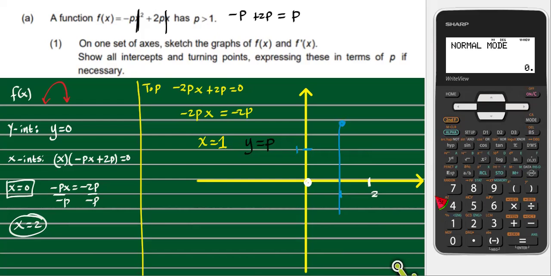So when I turn it, it has to come like that graph, and then it has to come like that for me. That coordinate at the top there will be the p value. So I've got x is 1, the y value is p.